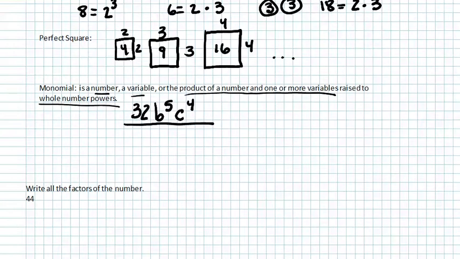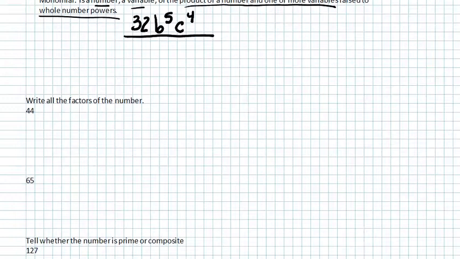Now let's practice writing all the factors of a number. To write the factors of a number, we make a tree. This is different than a prime factor tree. Well, I know that 1 and 44 work. 2 goes into 44 22 times. 3, does 3 go into 44?